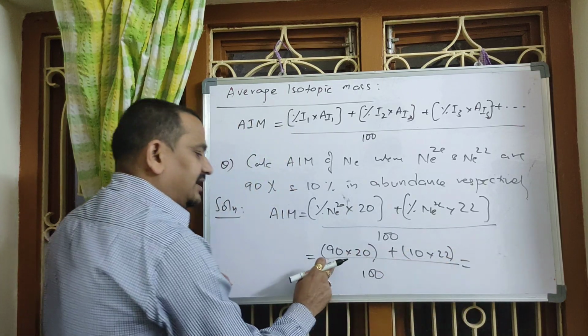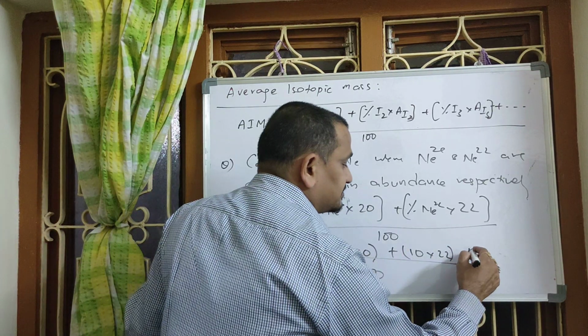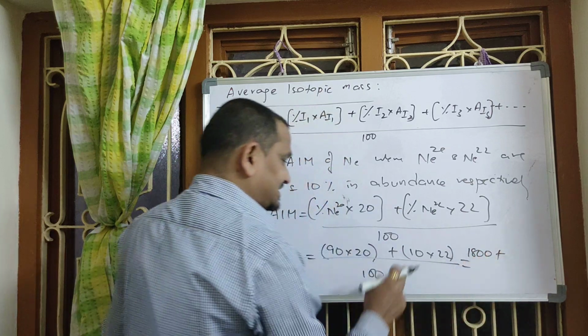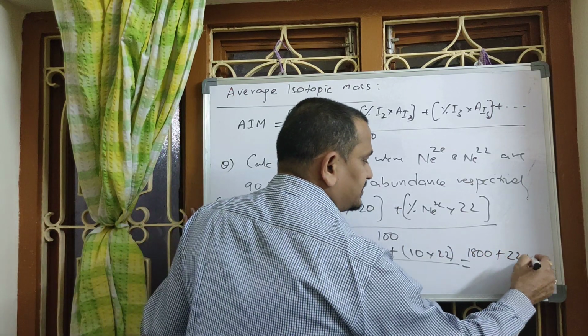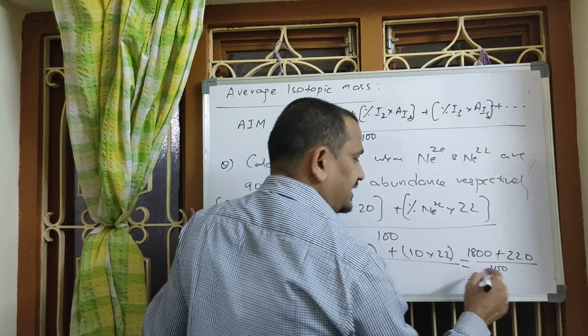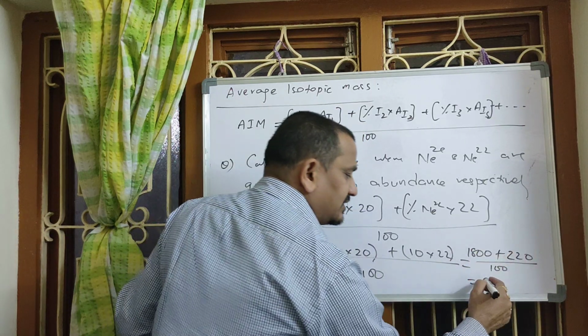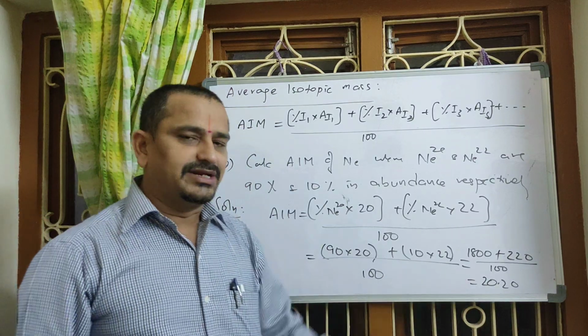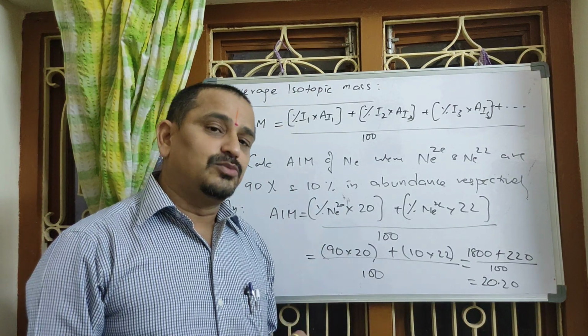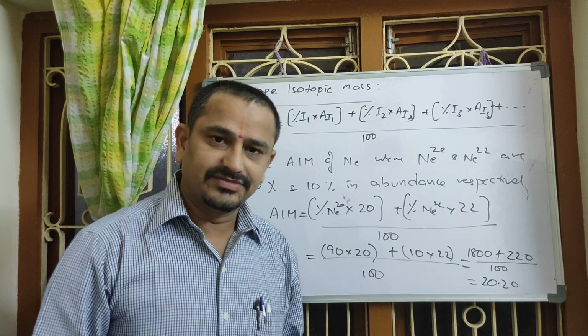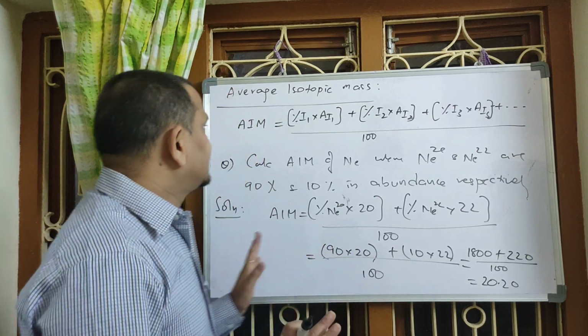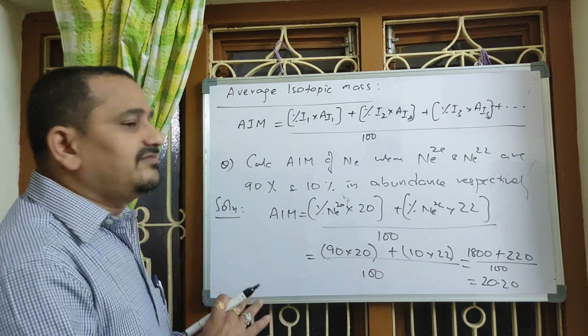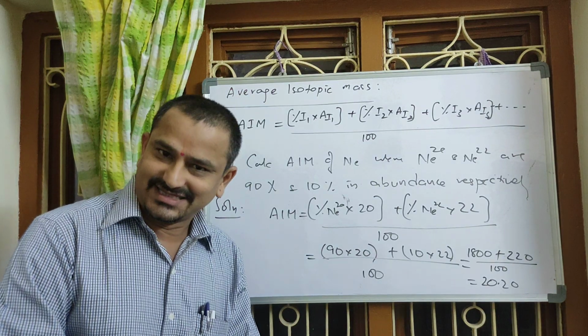So this is 90 into 20, 1800, plus 10 into 22, 220, by 100. That equals 2020 by 100, which is 20.20. In the periodic table, you can notice this value as the average isotopic mass for neon, 20 point. So this is how we can calculate average isotopic mass.